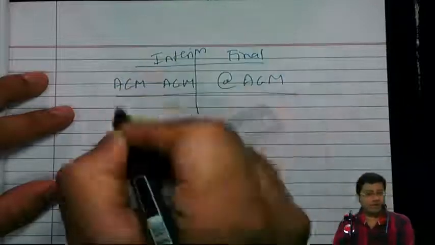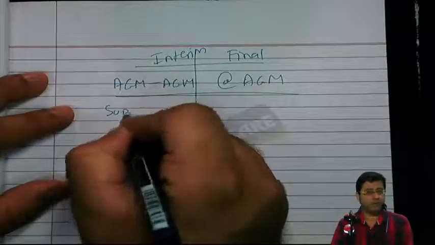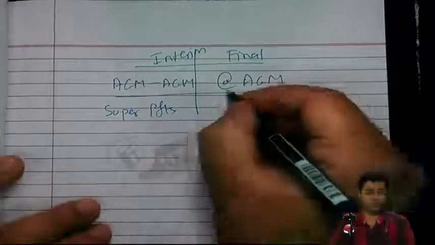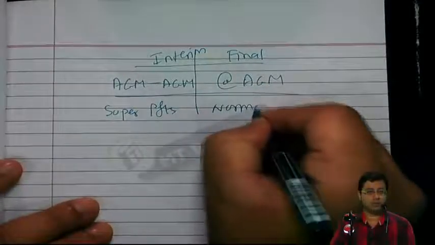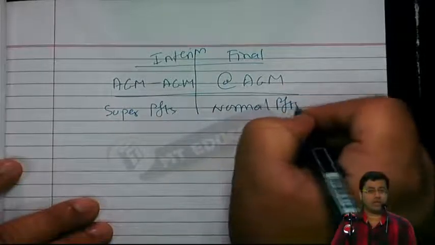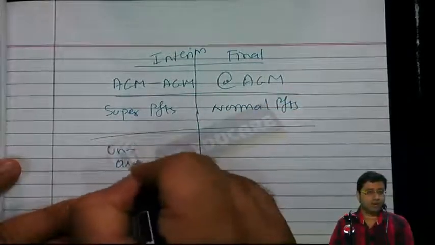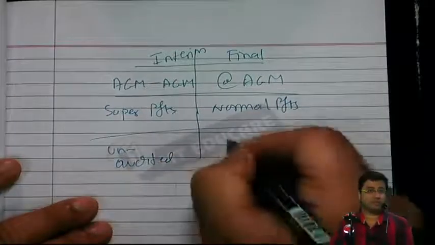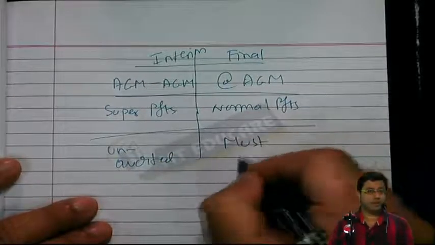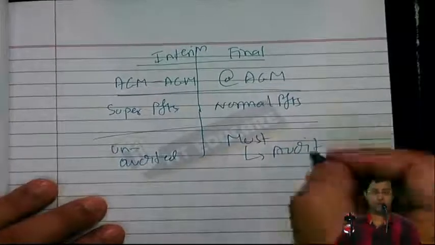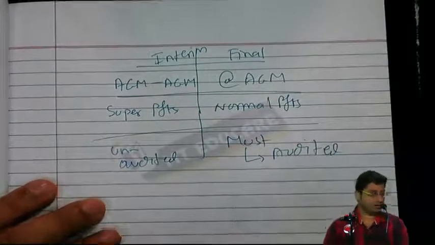For interim dividend, generally out of which profits do we give? Super profit. That means the company anticipates more profits. Here it is given out of normal profits. Tell me, what about the audit factor? This is unaudited profit and loss account, and this must be audited. You have to do the audit, and only then can you give the dividend out of it. So this must be audited profit and loss account.